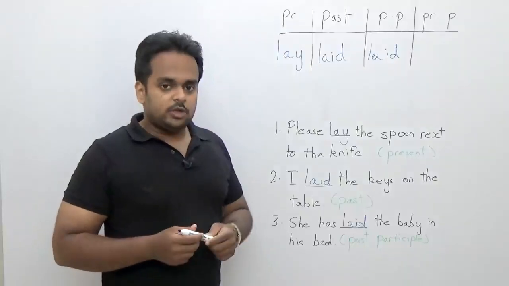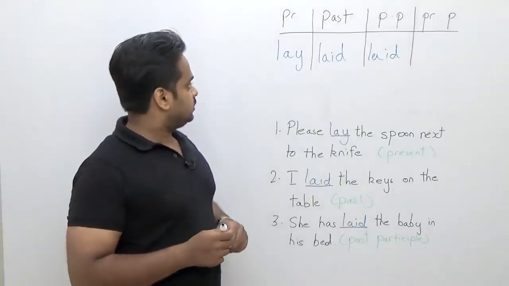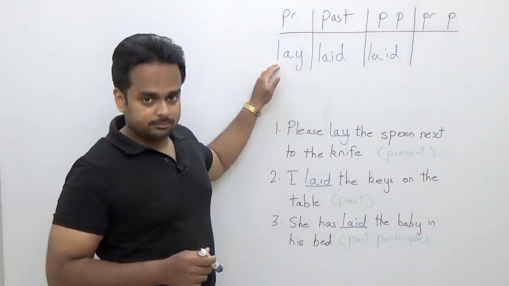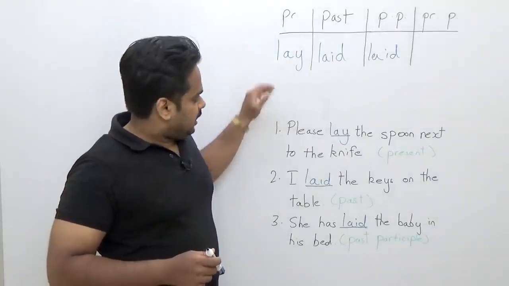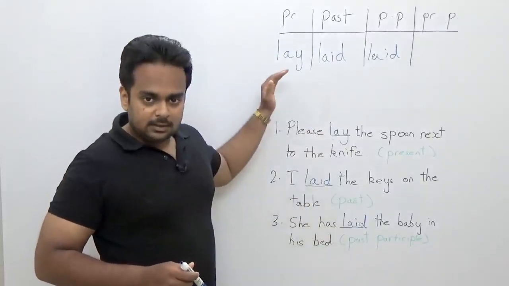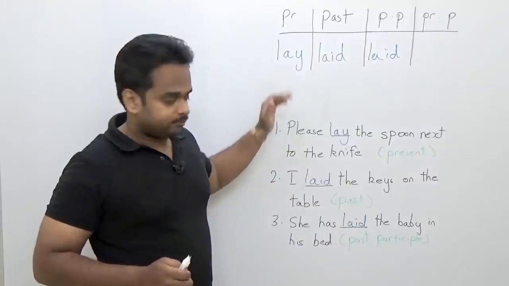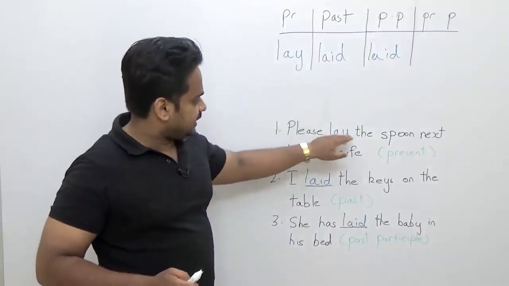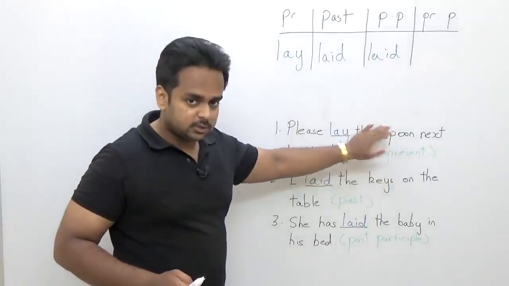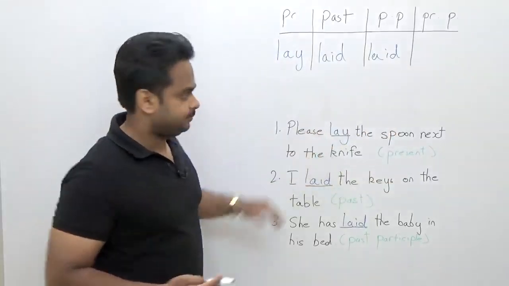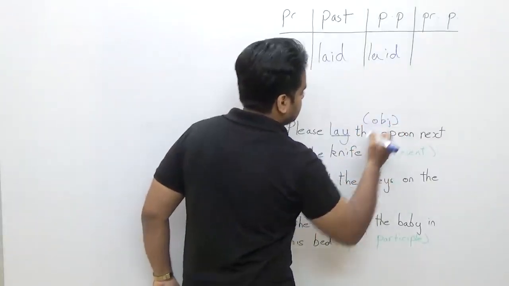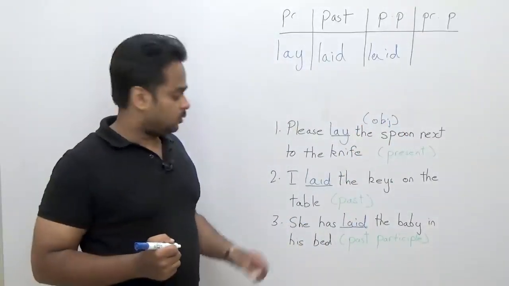Now, one thing I want you to notice here is that the verb lay is a transitive verb. What does that mean? In all of these examples, the verb lay is taking an object. So if you look here, please lay the spoon. The spoon is the object of the verb lay. So here we have an object. Now what about here?